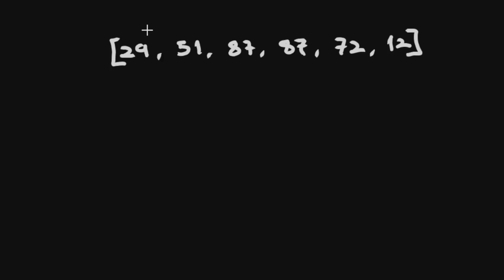Let's say we start here, the I pointer is here, and we start with one candy for each of these. And given that 51 is bigger than 29, we add one candy here, so this is now 2. We update the I pointer. Given that 87 is greater than 51, we give one more candy than 2 to this one, so this is now 3.